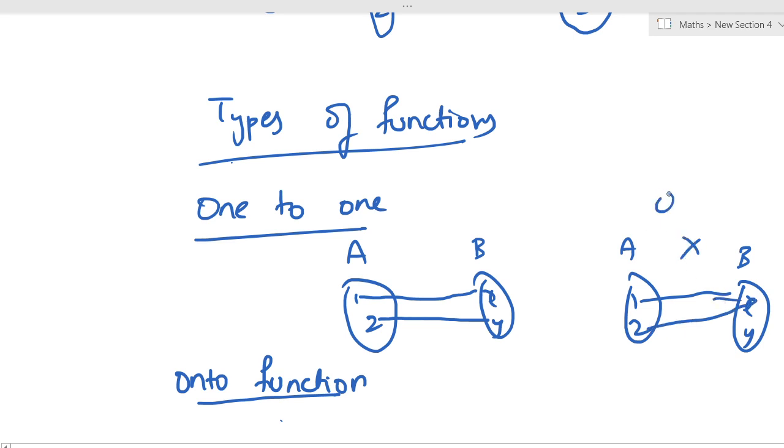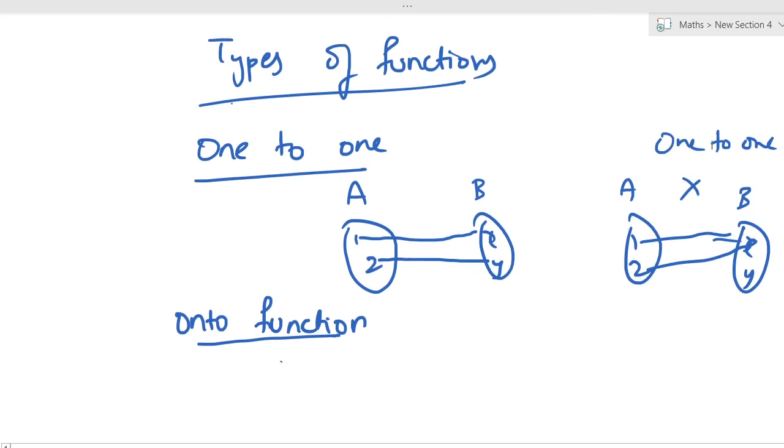This is not one to one because each element of A must correspond to a different element of B. This is a function, but it is not a one to one function.